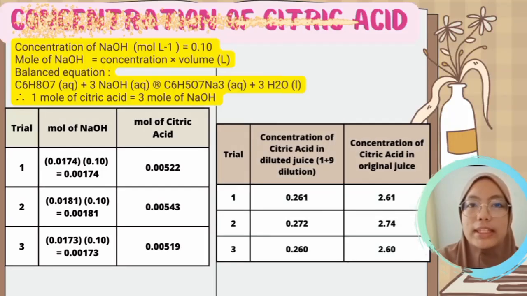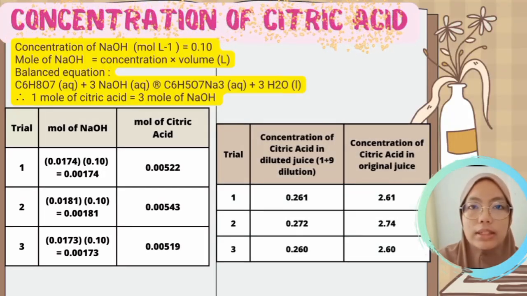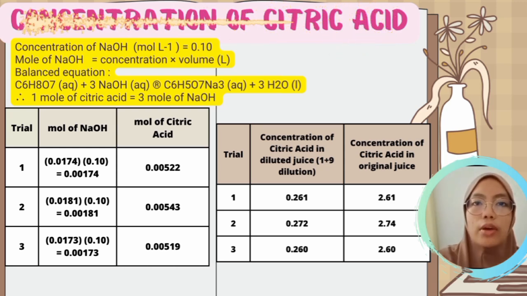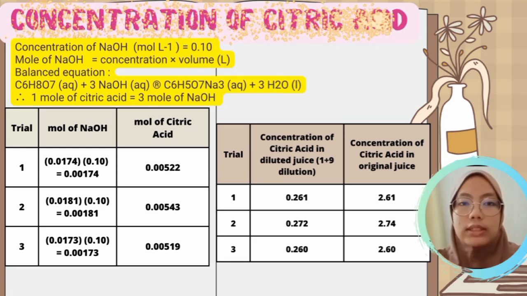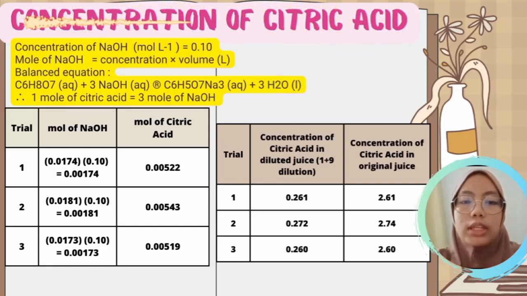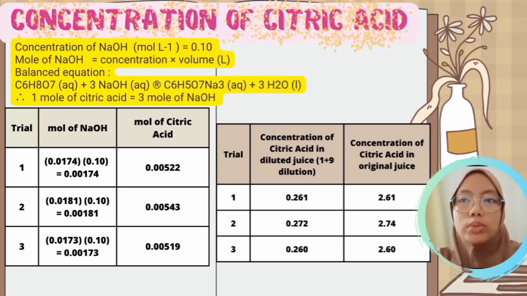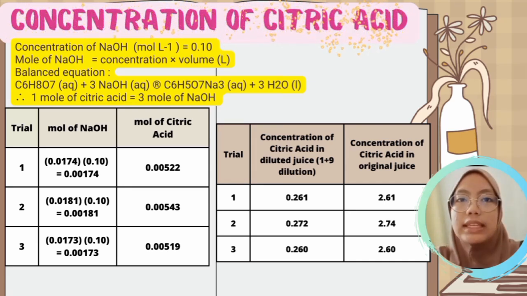Concentration of citric acid. We already know from the balanced equation that 1 mole of citric acid equals 3 moles of NaOH. In trial 1, 0.00174 mole of NaOH equals 0.00522 mole of citric acid.